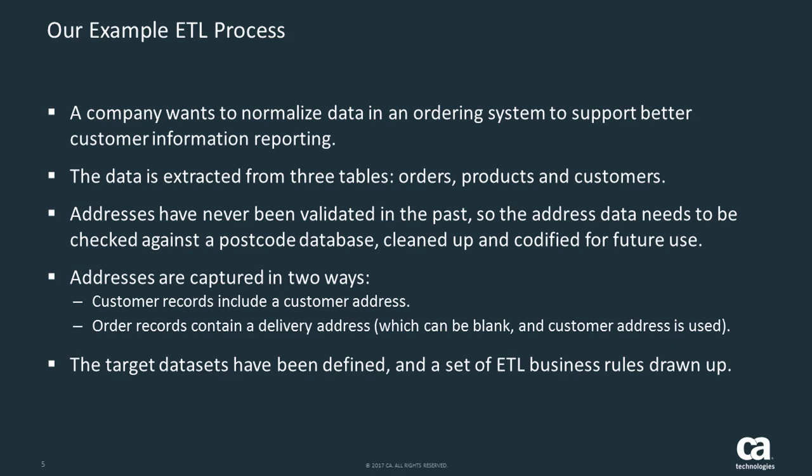And once it's matched, it's codified, and then we have a more systematic way of capturing addresses in our new system or reporting on a geographic basis. Now the addresses are captured in two places, the customer record and the order record. The target data sets have been defined, and we've created a set of ETL business rules drawn up for the processing and validation and matching and so on.